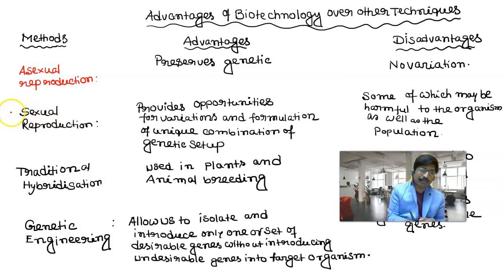Another process is sexual reproduction, which provides opportunity for variation and formation of unique combinations of genetic setup, some of which may be harmful to the organism as well as the population.